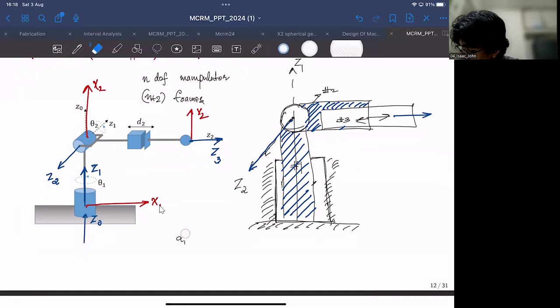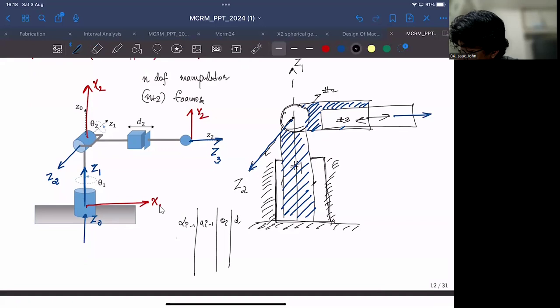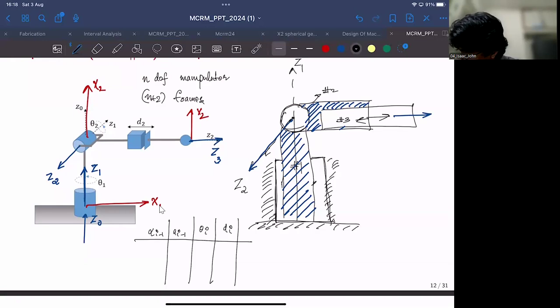So the 4 DH parameters are alpha i-1, a i-1, d i, and theta i. I'll label them here: alpha i-1, a i-1, this would be theta i, this would be d i.